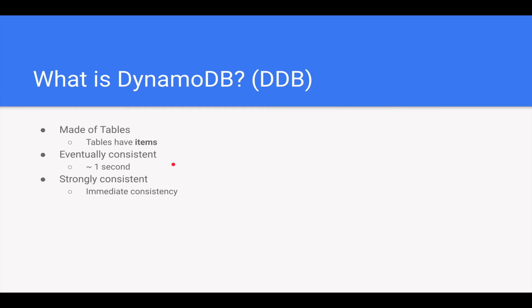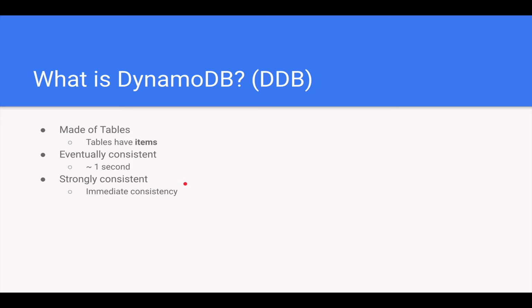Eventually consistent and strongly consistent are core things to think about when you're using these services as well. Eventually consistent is very similar to the lecture on S3. It means you're not guaranteed immediate read after write, but if you need your data in about a second, then you can use the eventual consistency model.